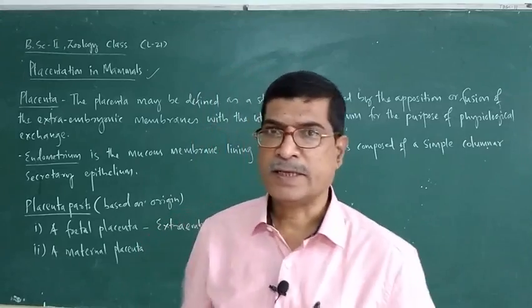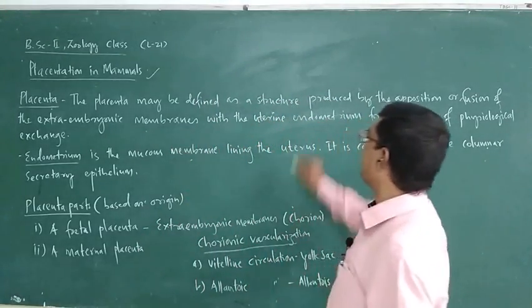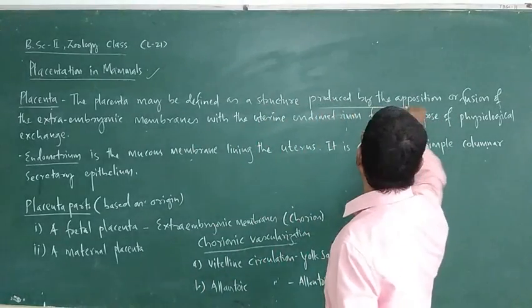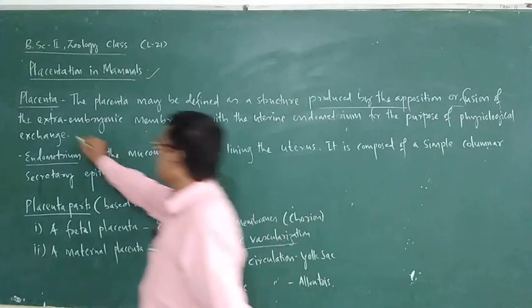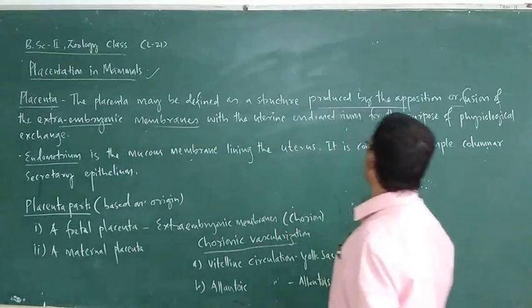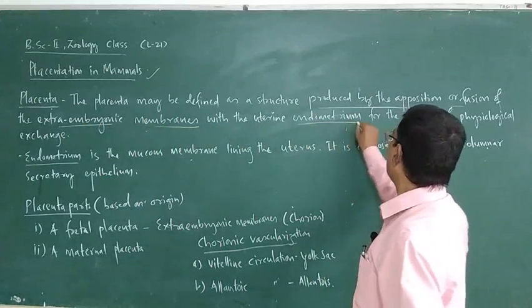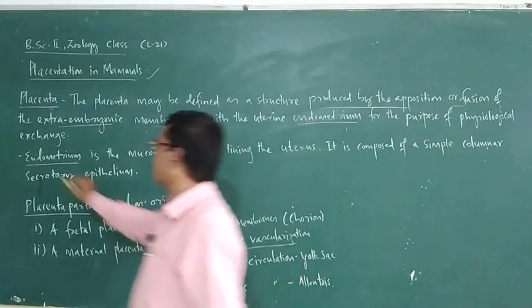So the definition of placenta is: the placenta may be defined as a structure produced by the apposition or fusion of extra embryonic membranes with the uterine endometrium for the purpose of physiological exchange.